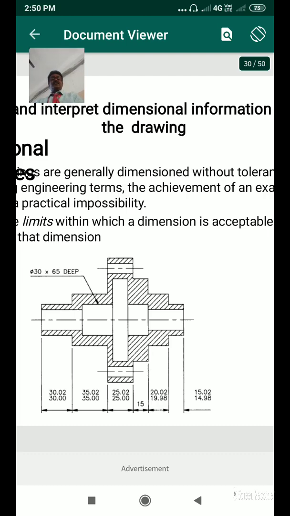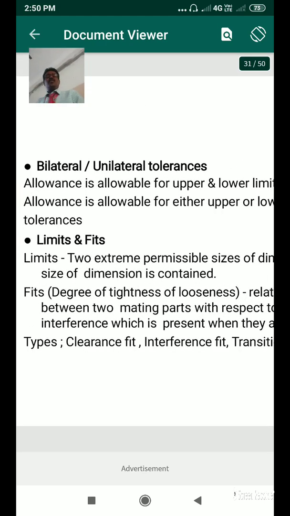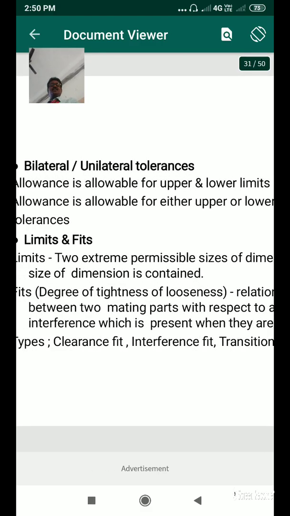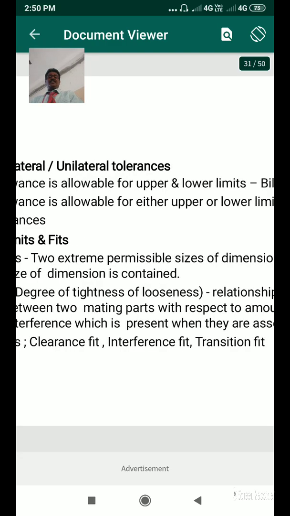So length, diameter, and so on, all the details should be given. Tolerance: bilateral tolerance and unilateral tolerance. Bilateral tolerance means allowance is allowable for upper and lower. So two levels, upper and lower, must satisfy the tolerance, that is called bilateral. For example, we have to make a 25 mm length, and with bilateral tolerance it can be 25.02 to 24.98.